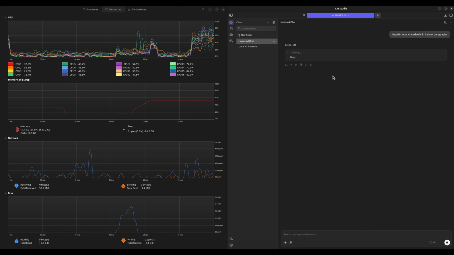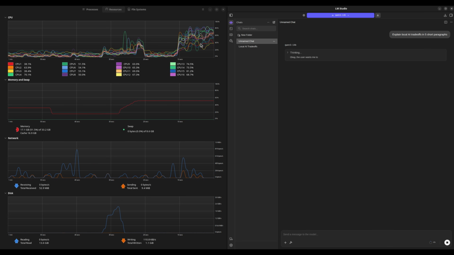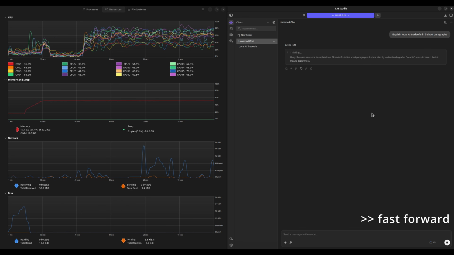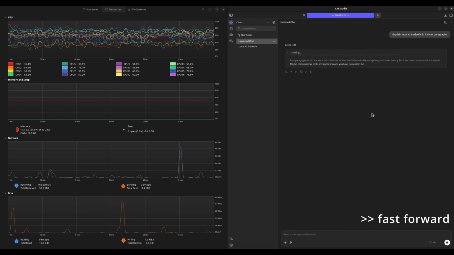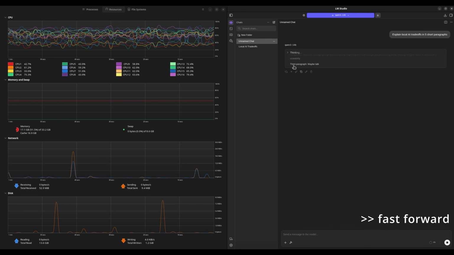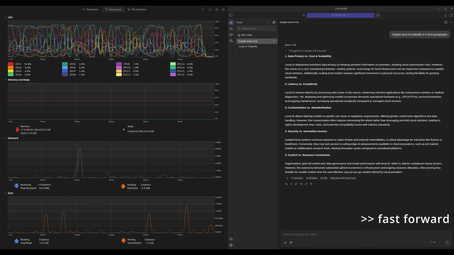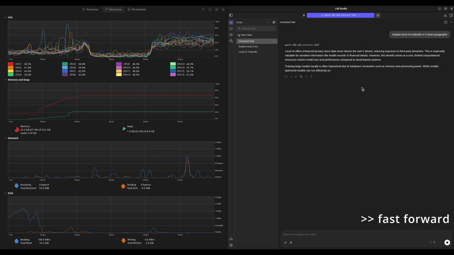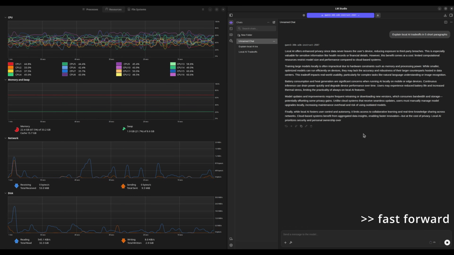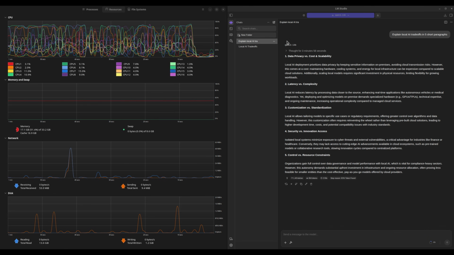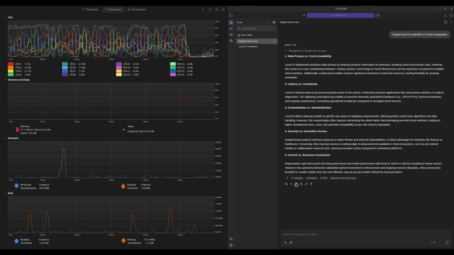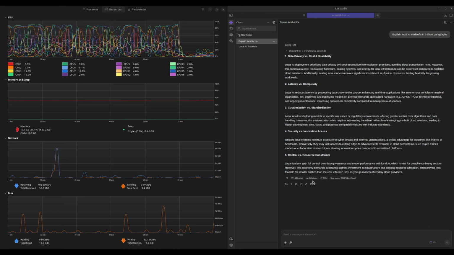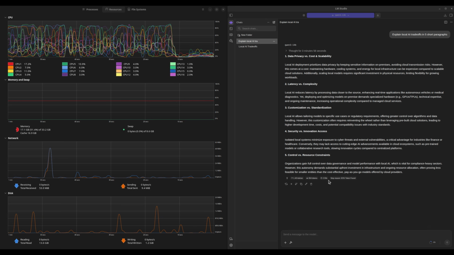Basically, it spends a few more tokens just analyzing the conversation, so it gives you a better answer. You can also turn it off. So we're gonna fast forward here because it takes a while. Remember, we are only on CPU and RAM. It generates around 1 token per second, pretty slow, but it is what it is.